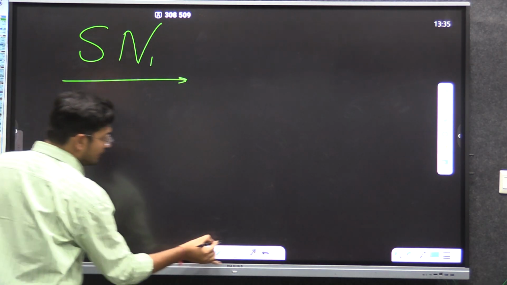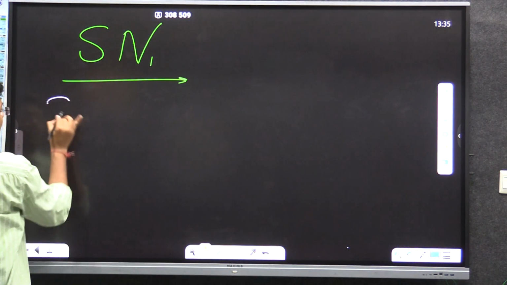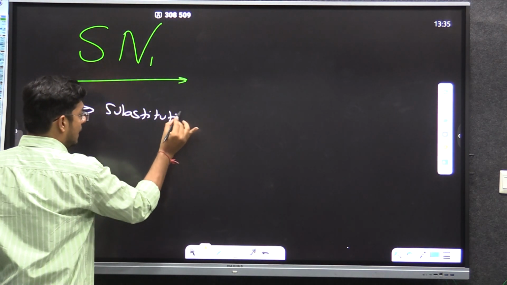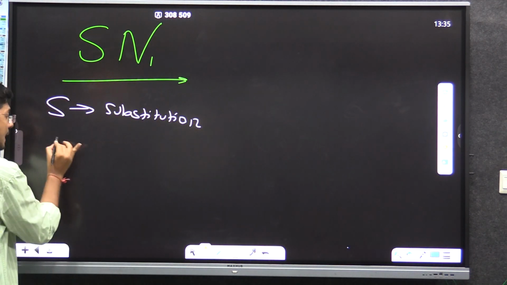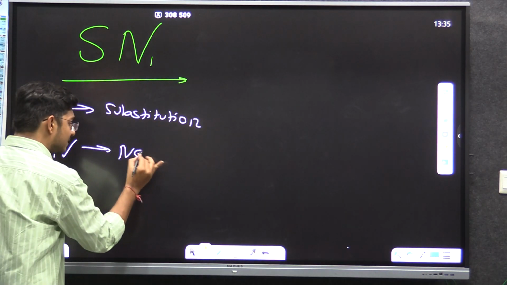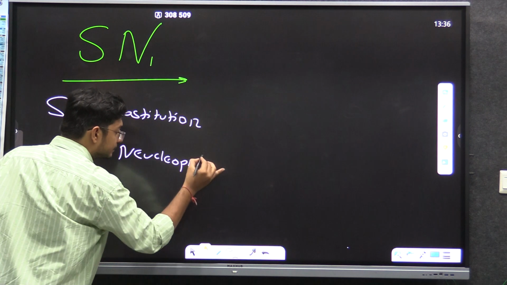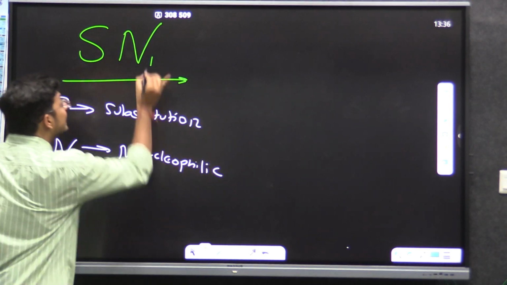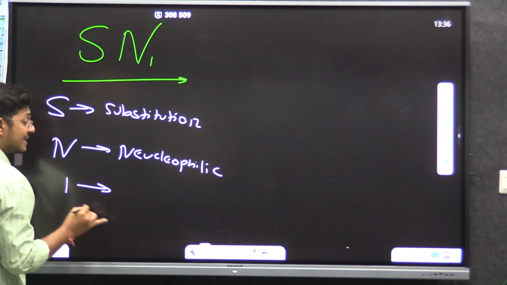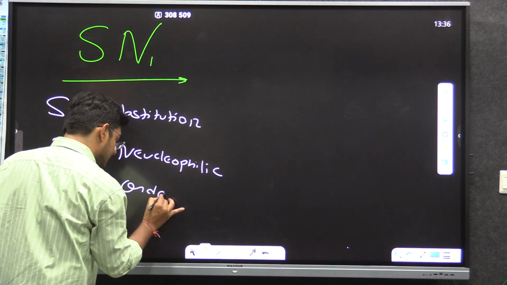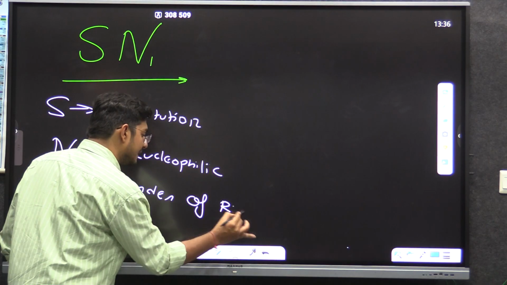S represents substitution as I taught, N represents nucleophilic, while 1 represents the kinetic order of the reaction.